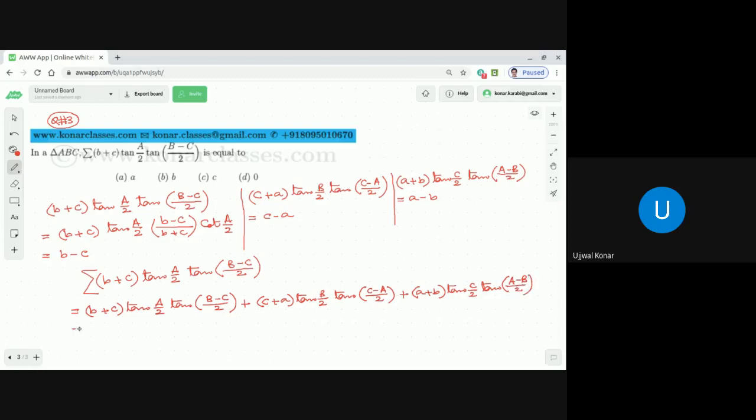And if you write the values we just obtained, that is equal to b minus c plus c minus a plus a minus b, which simplifies to 0, and eventually we get the correct option as option D. Correct, my dear students?